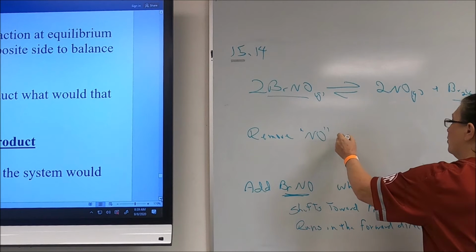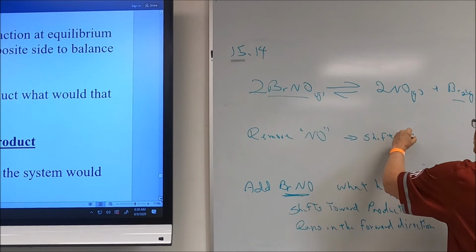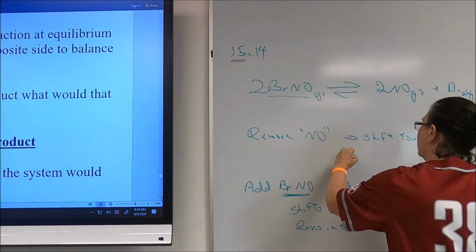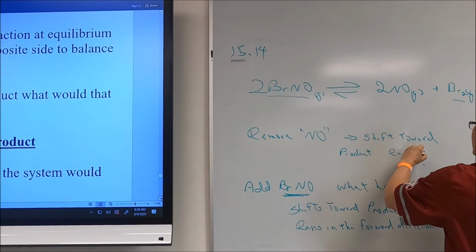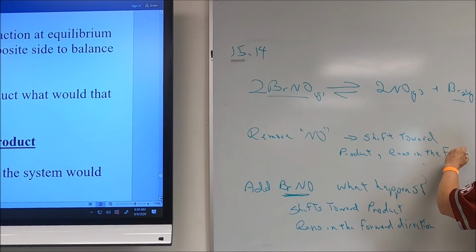If I remove nitrogen monoxide, then we're going to cause a shift toward product. So it runs in the forward direction. Okay? So those are the first two types of disturbances.